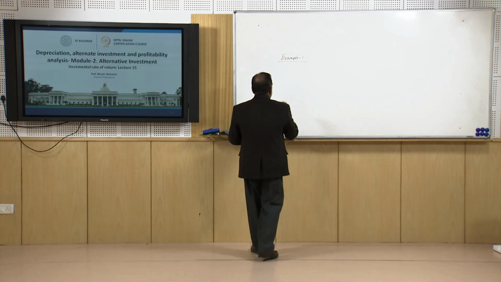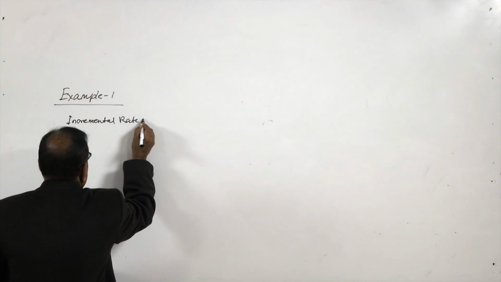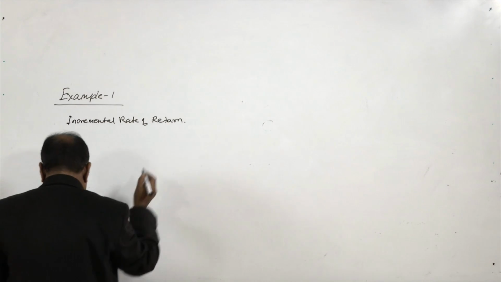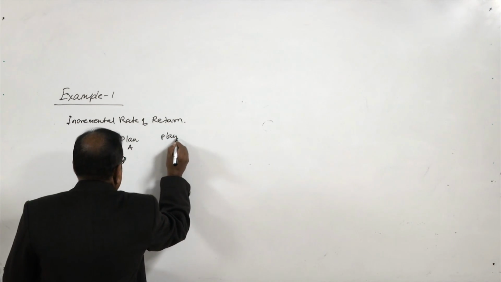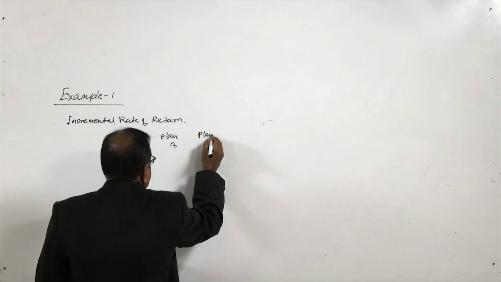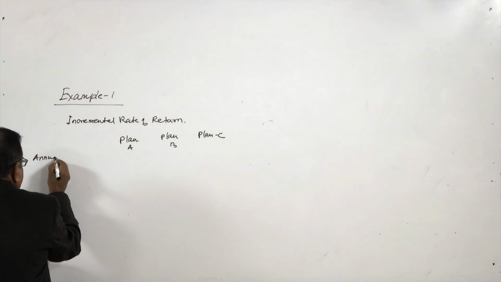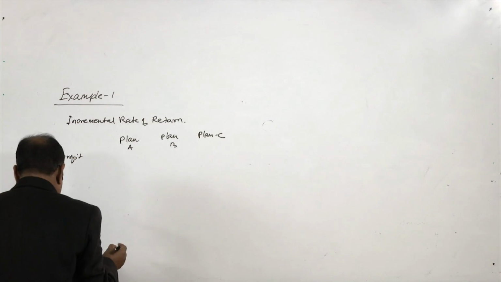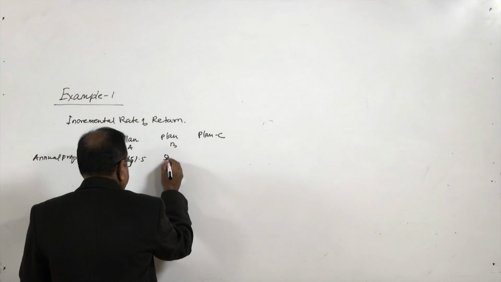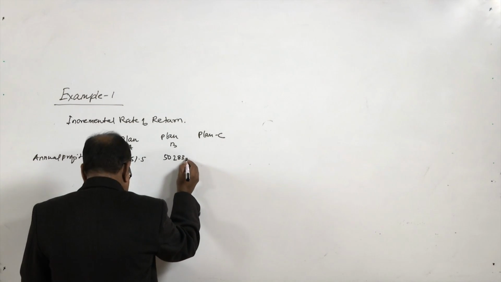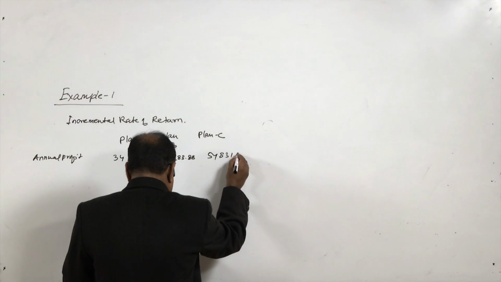Now, if I go for the incremental rate of return, then this is plan A, plan B, plan C. Annual profit: this is $34,151.5, this is 50,283.88, this is 54,831.37.